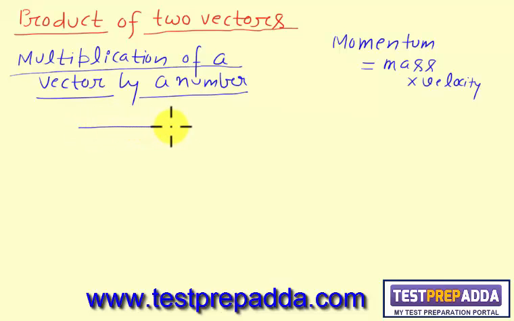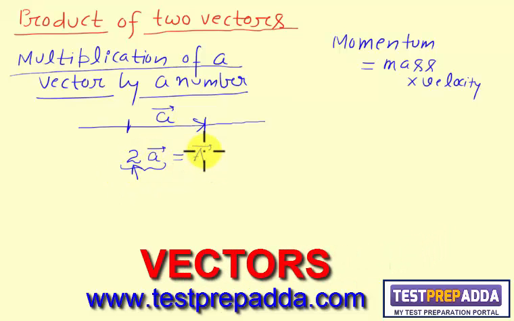For example, a vector is given here, vector A. If I multiply a number, let us say 2, with this vector, I will get a new vector whose magnitude is double of the previous vector, but its direction is the same as the previous vector.